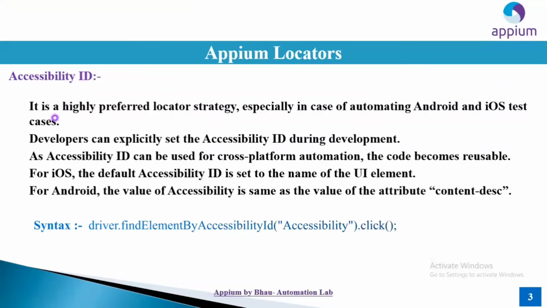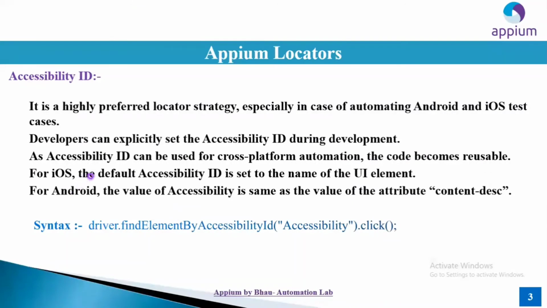Guys, it is a highly preferred locator strategy, specifically in the case of automating Android and iOS test cases. Developers can explicitly set the accessibility ID during development. As accessibility ID can be used for cross-platform automation, the code becomes reusable.